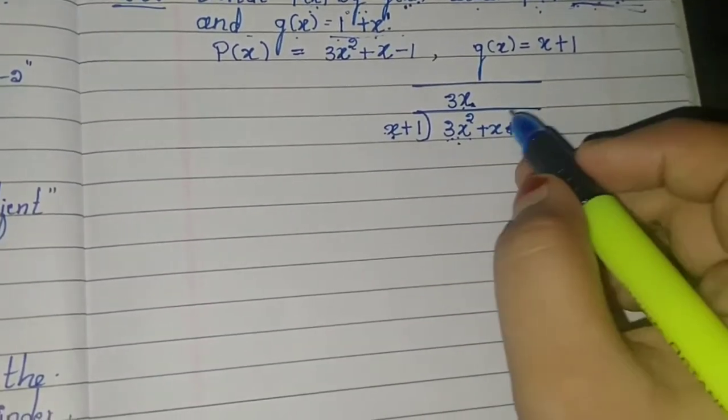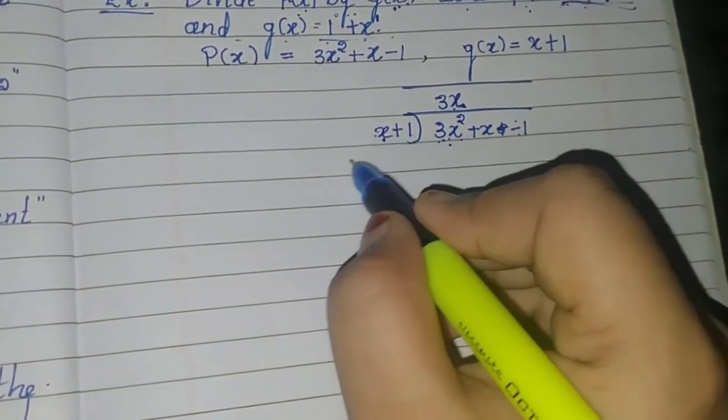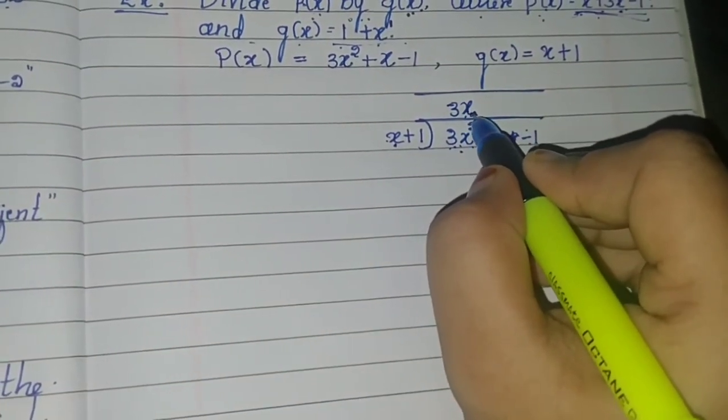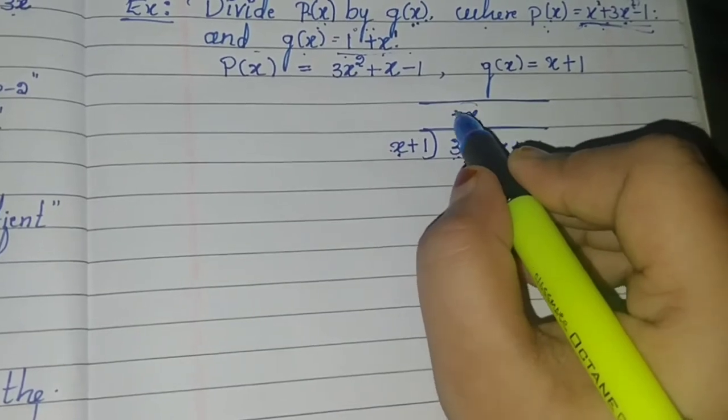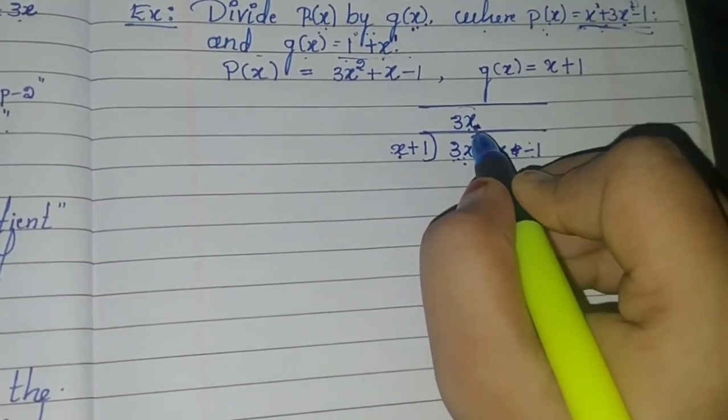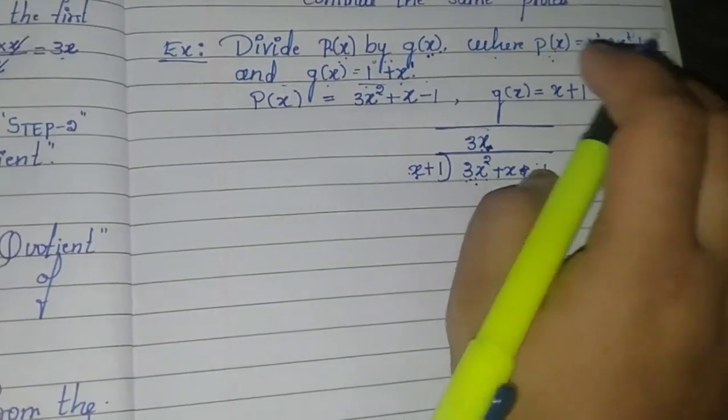So now you know this is the dividend, this is the divisor, and this is the quotient, right? Whatever answer you get in step 2, you have to consider as the first term of the quotient. Okay, so the next step we will see now.